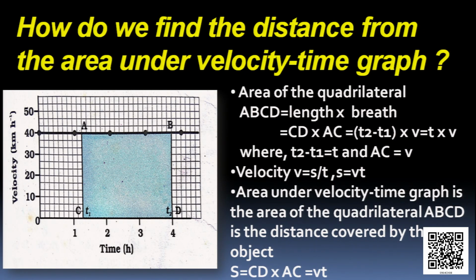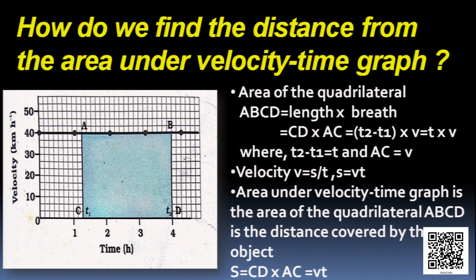Now the area under the velocity time graph. If you see, the area under the velocity time graph is also equal to velocity into time, Vt, which is equal to length into breadth, which is CD into AC.